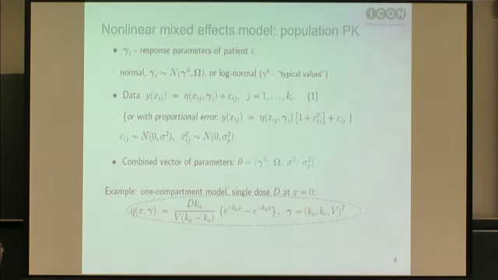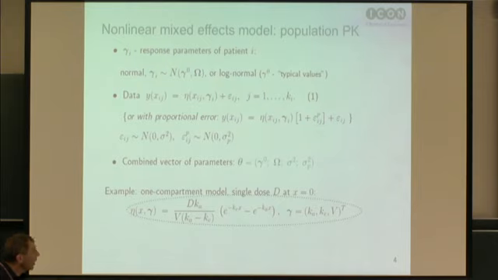Now, what is the standard model for nonlinear mixed effects? We have population variability and we have measurement variability. So we have 2 sources of variability. We have individual parameters, gamma, of a particular patient, and we usually make an assumption about the distribution. It's either normal or log normal. For the data, in the simplest model, we have some nonlinear function and additive measurement error, but we may also have models with proportional error, where the variance of your observations depends on the responses.